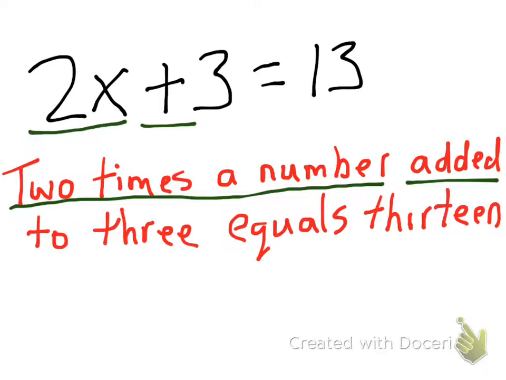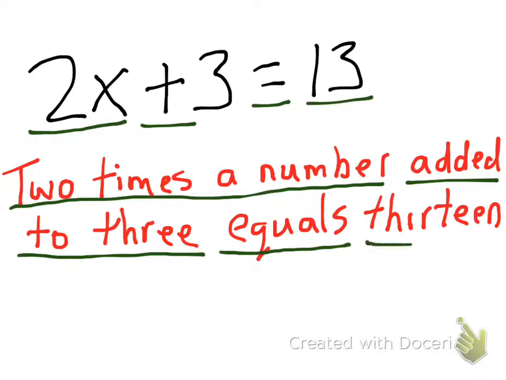What was it being added to? To 3. So I included that in my sentence. I replaced the equal sign with a word for equals. And I simply wrote the word for 13 at the end of my sentence. Check your answer to see if it's similar. Now remember, there are several correct answers for this equation.